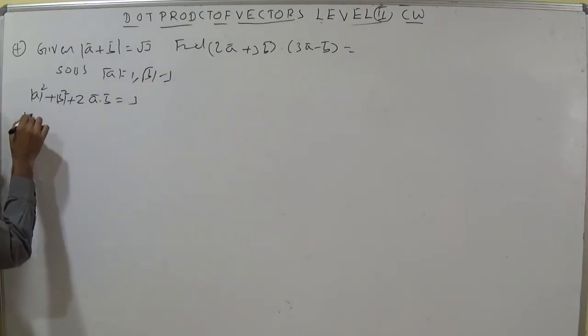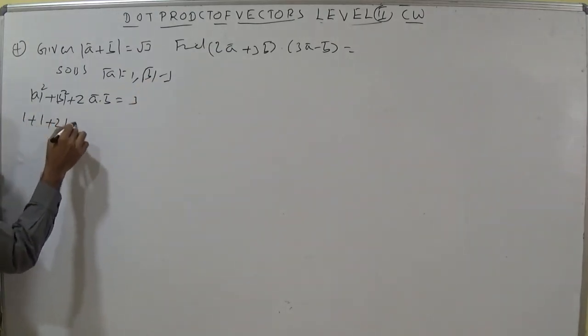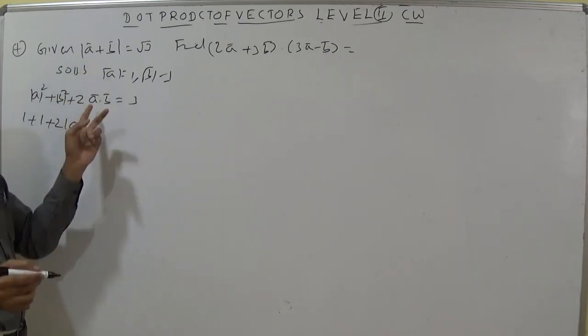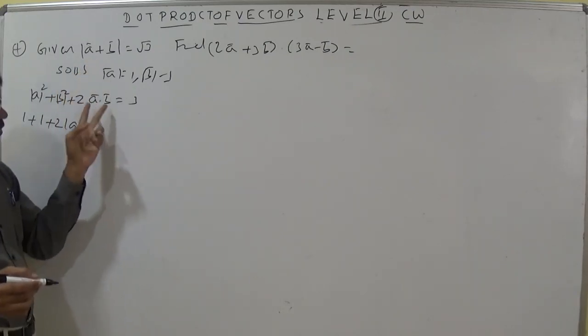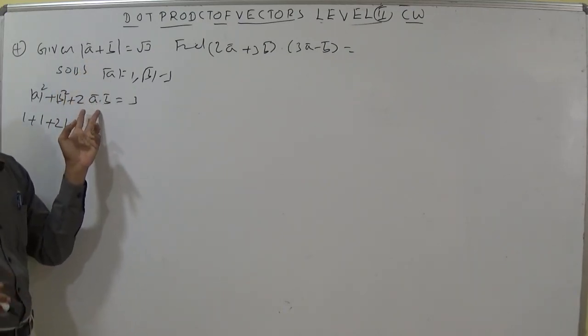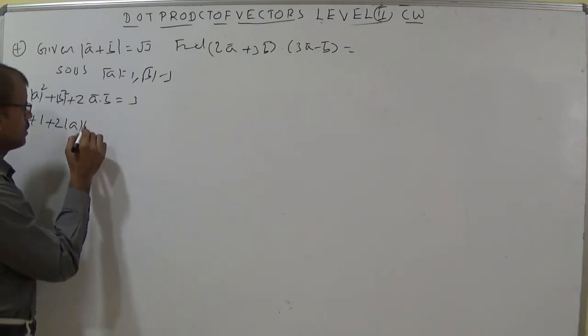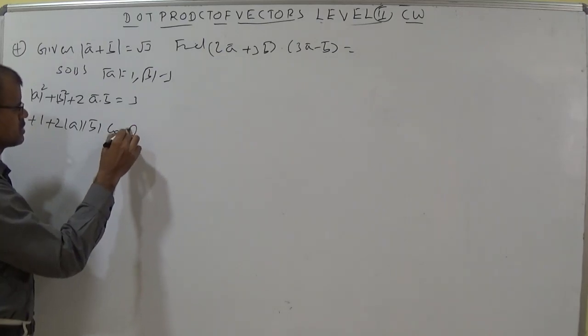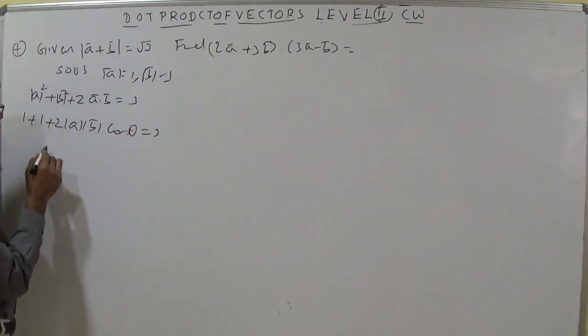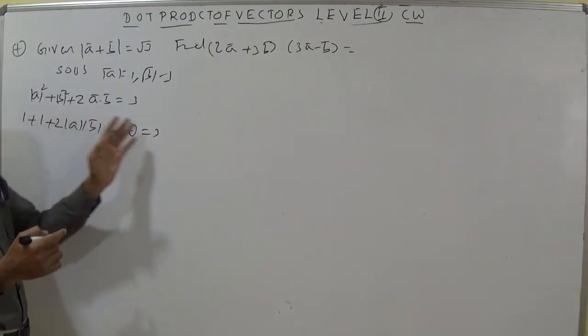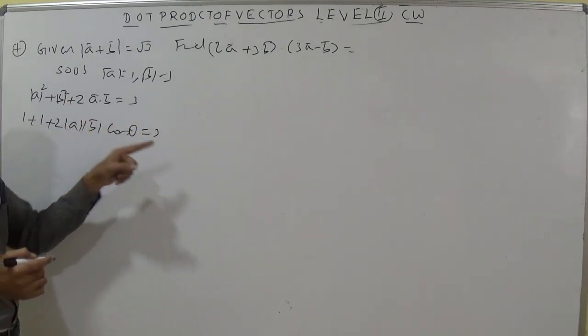So 1 plus 1 plus 2 A bar dot B bar, and A bar dot B bar can be expanded as mod A into mod B into cos theta, is equal to 3. So 1 plus 1 is 2, taking it to that side, it becomes 3 minus 2, which is 1.